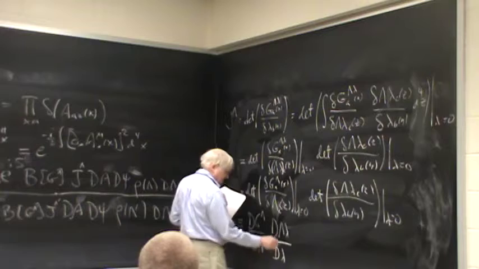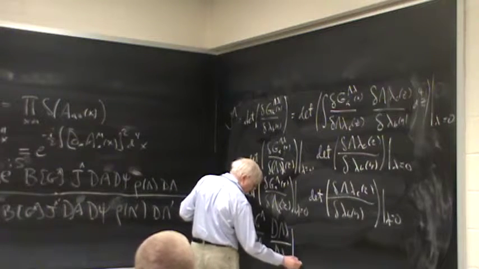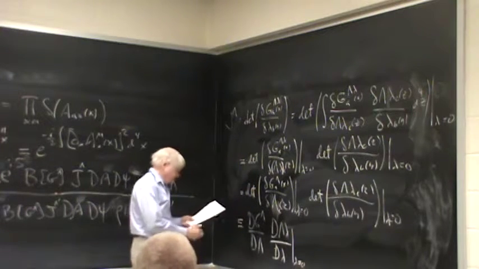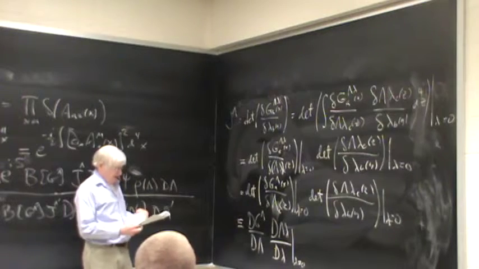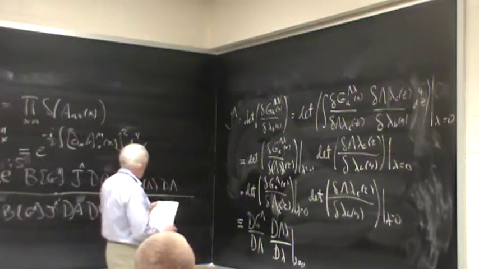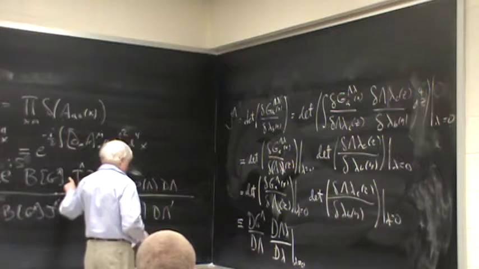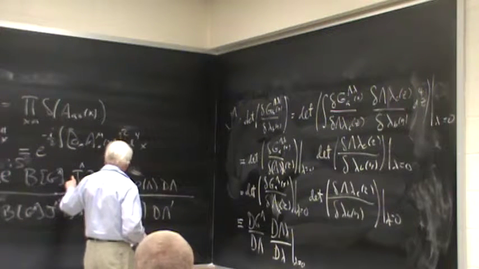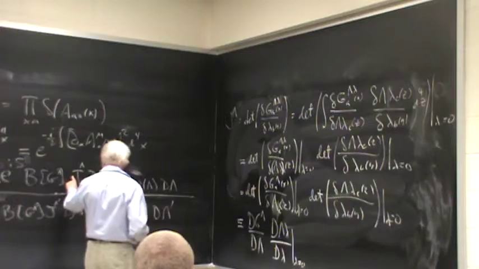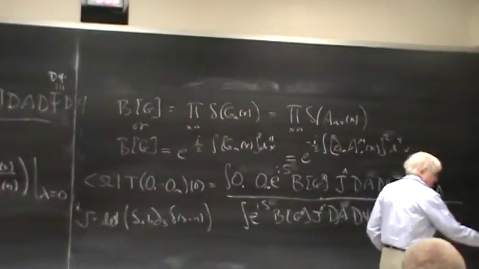Little lambda is already 0. This one has little lambda equal to 0. Okay. So in other words, over here, we imagine replacing J lambda and J lambda prime in this way.